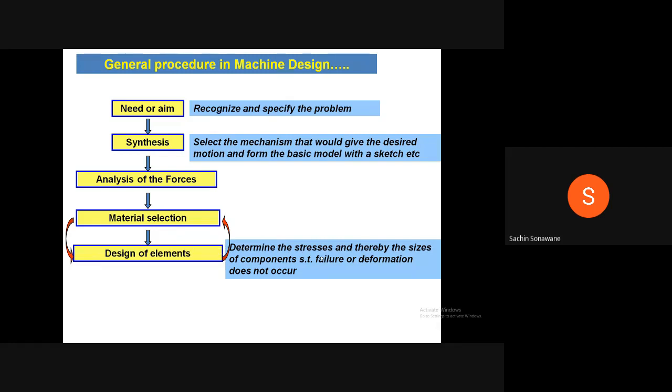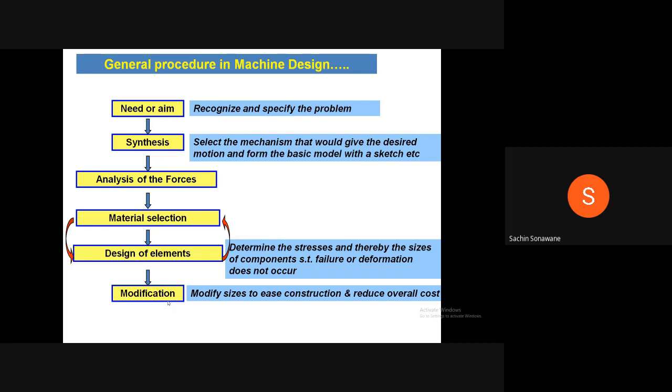If the product fails, again we have to select the material which has higher yield strength suitable for the product. Again we have to design, we have to calculate the stresses. If it is safe, then we will decide that material for that product.